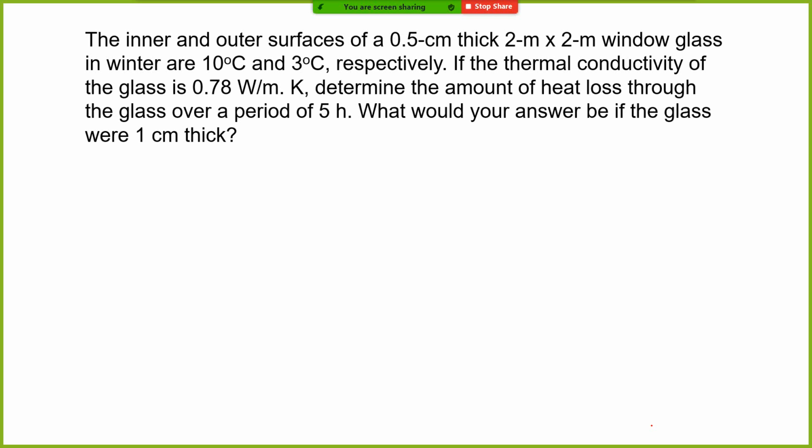So if you are a student who plans to go into a certain engineering field where you're designing houses and so forth, this comes in a little bit handy, where you could calculate how much heat is being lost through a particular window or any material that is used to make up the house.